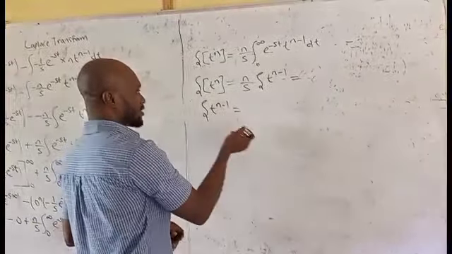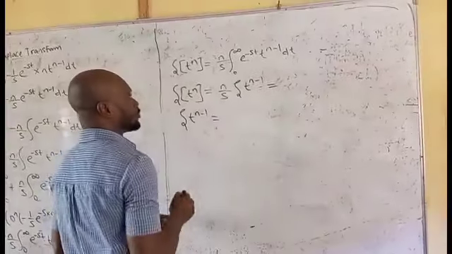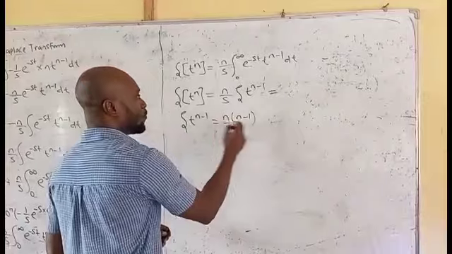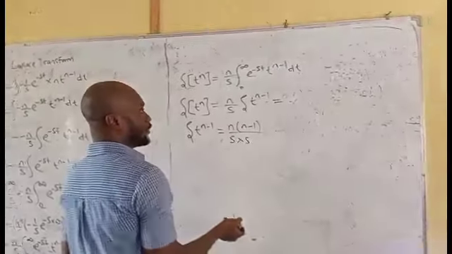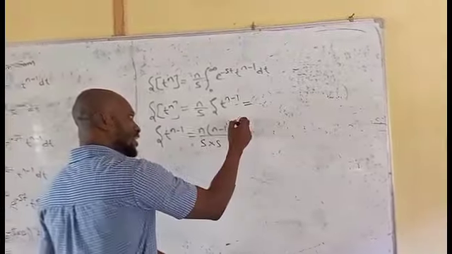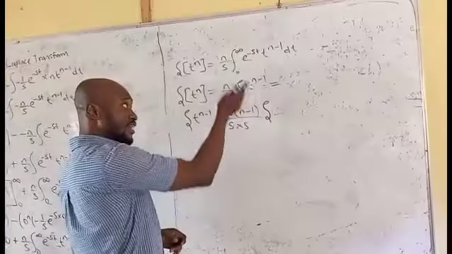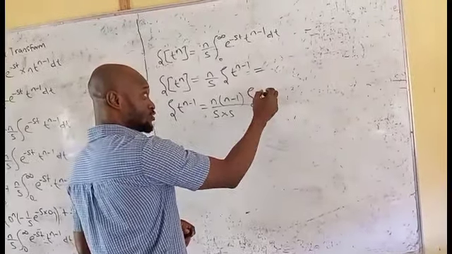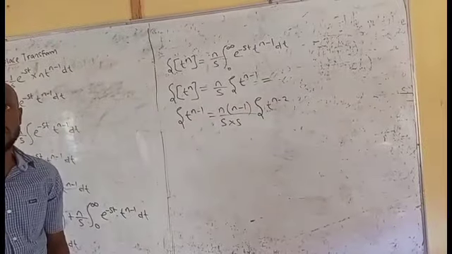It will now be n into n minus 1 over s times s, you understand? Then you still have your Laplace symbol, as t raised to the power of n minus 2. It will no longer be n minus 1.